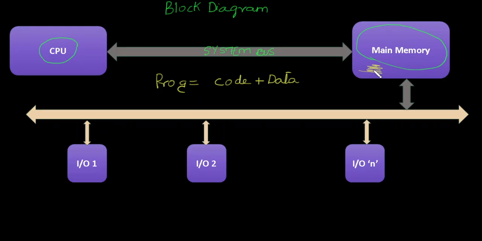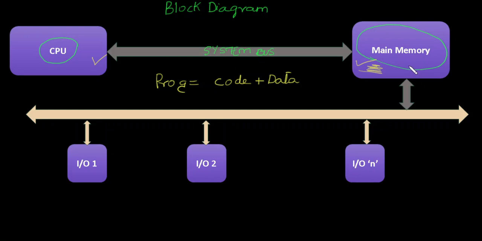Before we move on to number systems, we need to have a basic idea of this particular block diagram. In this block diagram, the most important point to be noted is the CPU and main memory. And remember, the CPU always interacts with main memory only. Whatever data you create in your program gets created in the main memory, and execution of the program is the responsibility of the processor.